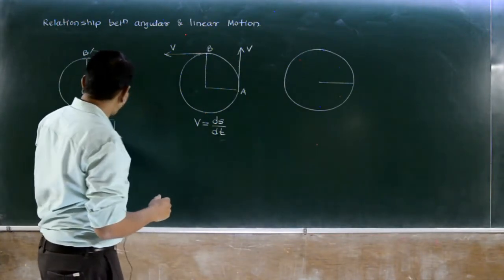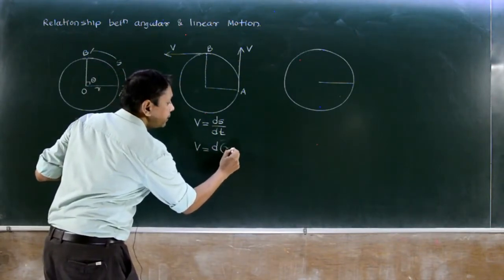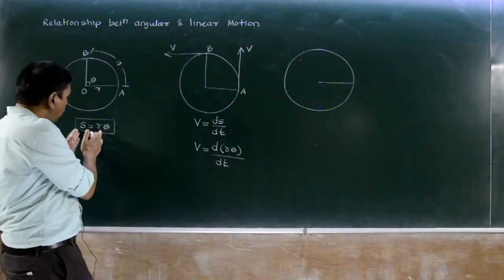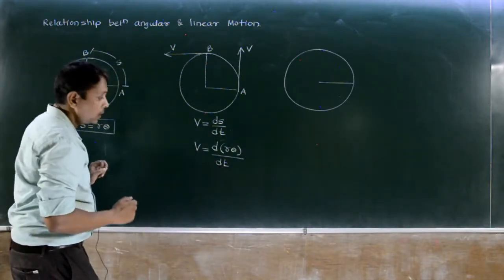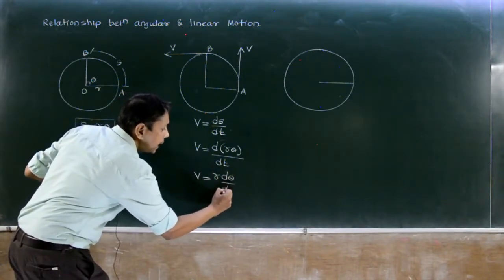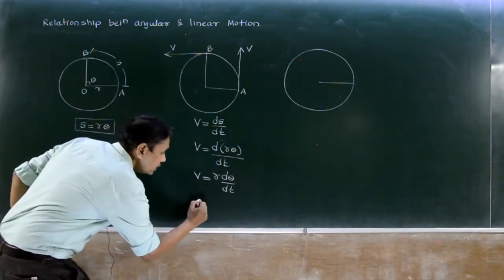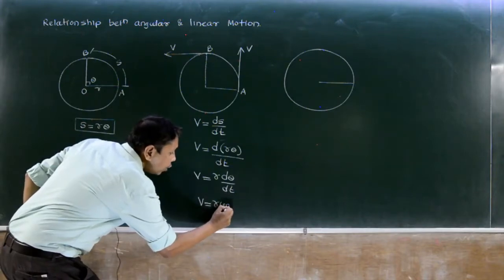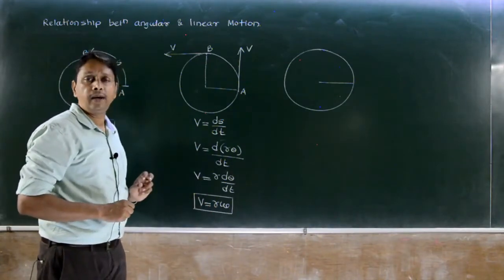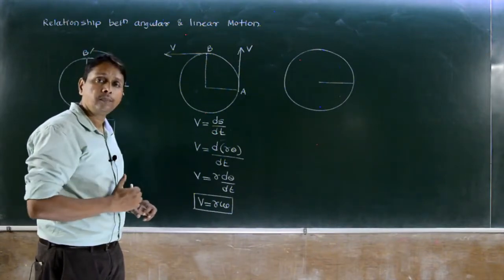Since s equals r theta, we write v equals r d theta by dt, and the rate of change of angular displacement is angular velocity, so v is equal to r omega. This is the relation between linear velocity and angular velocity.